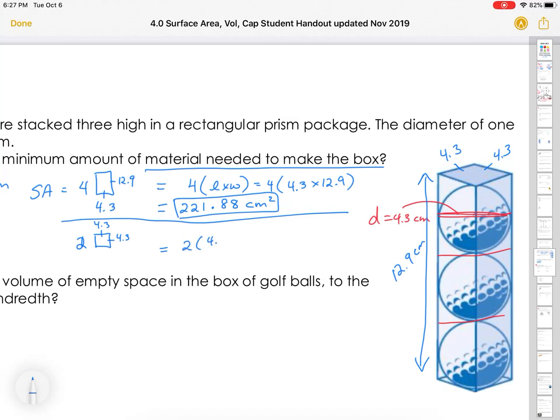And then for this piece, it's 2 times 4.3 times 4.3. Because it's the length times width. 2 times 4.3 times 4.3, which is 36.98. Right. Centimeters squared. I add them together.